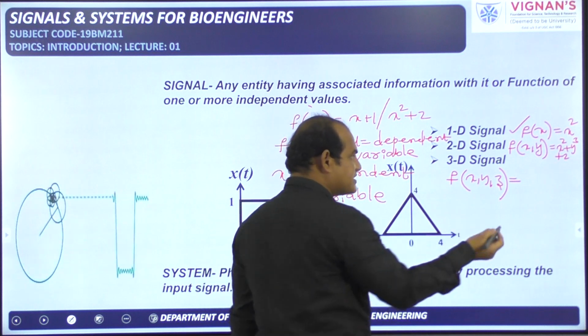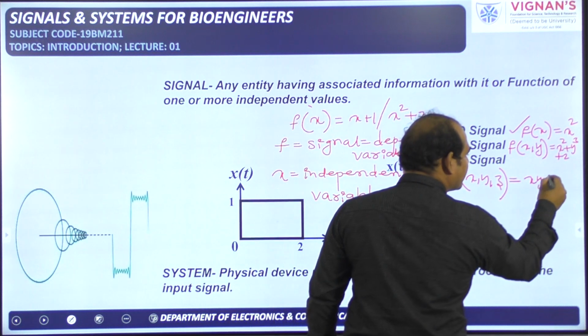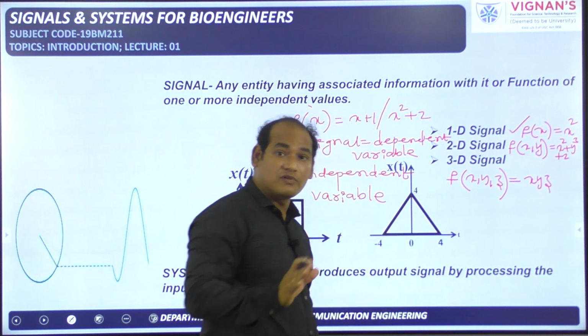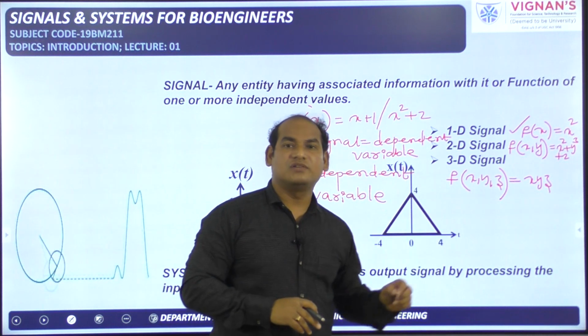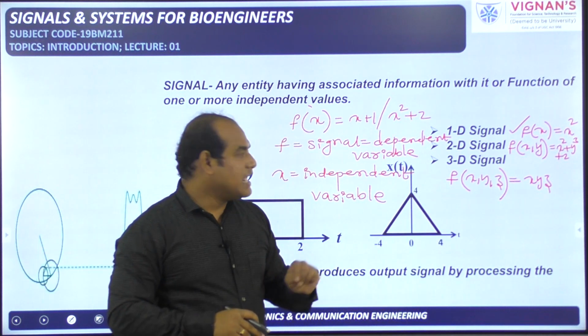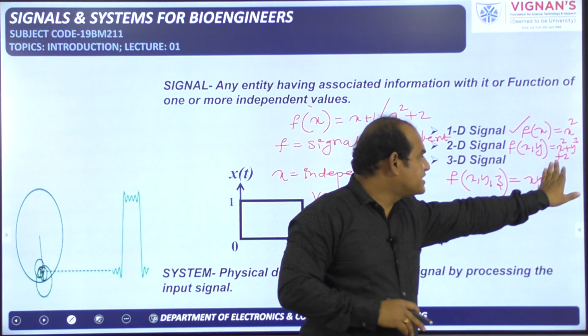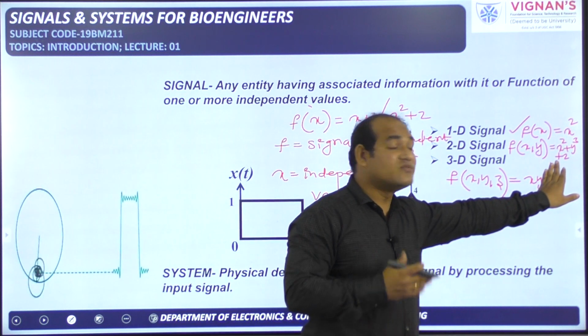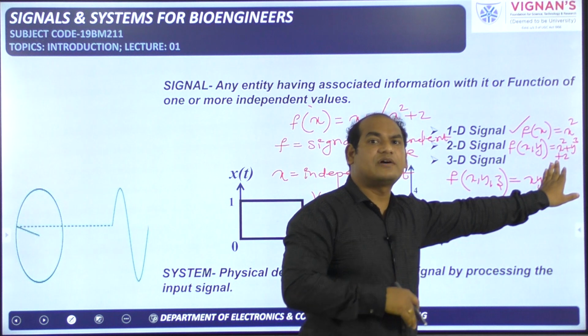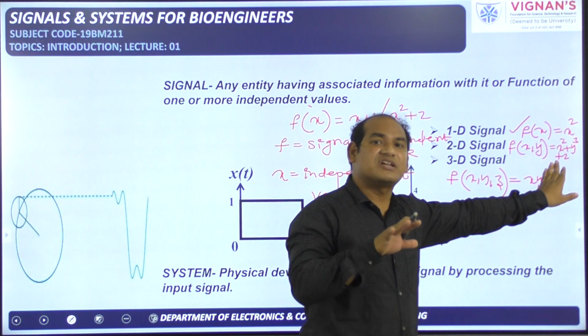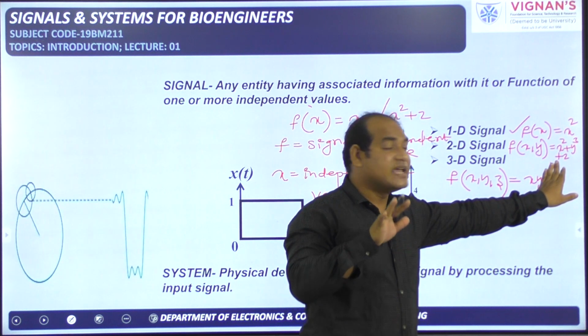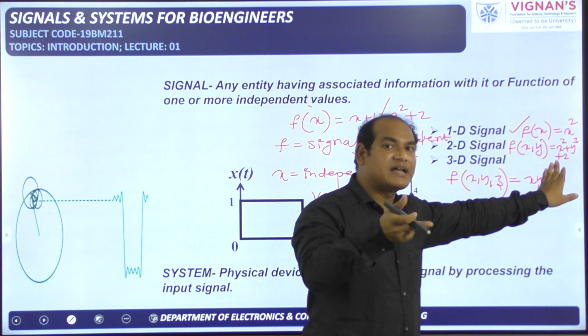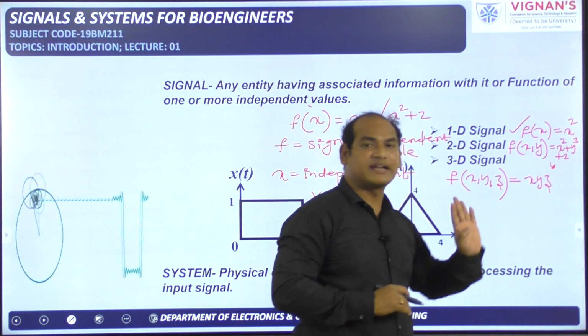I can take simply x y z. You can take anything, but that equation should involve the three variables. If you forget about this z and only x y is there, then we cannot tell f is a function of x y z. F is a function of x and y only. The f should depend on these three variables, then only that is correct.